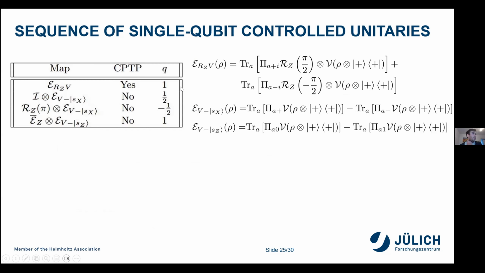This is then the protocol that we get, where the first map is simply for the Pauli Y, and it requires communication, which means that if we measure the ancilla qubit in plus i, we apply a rotation of plus pi half. And if we measure the ancilla qubit in minus i, we apply a minus pi half rotation.